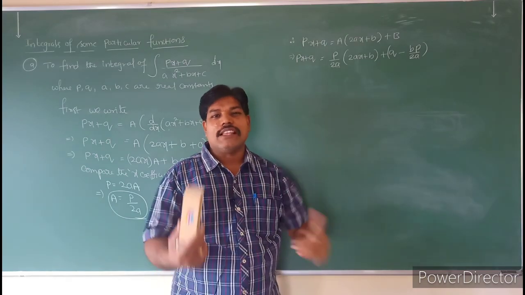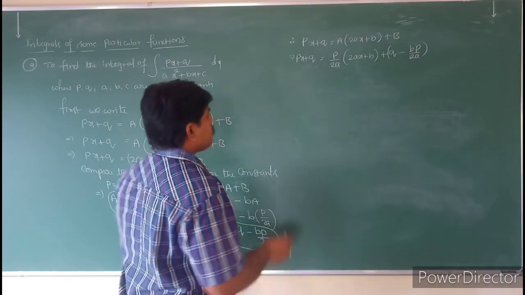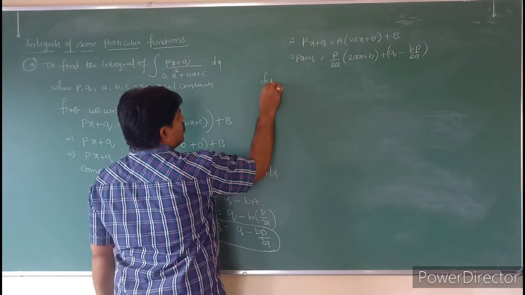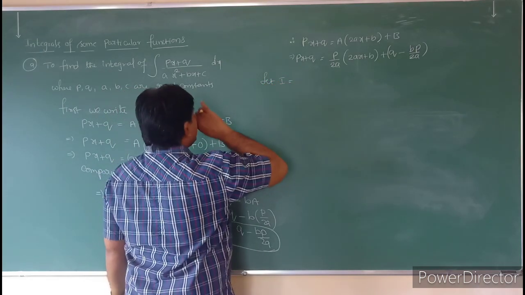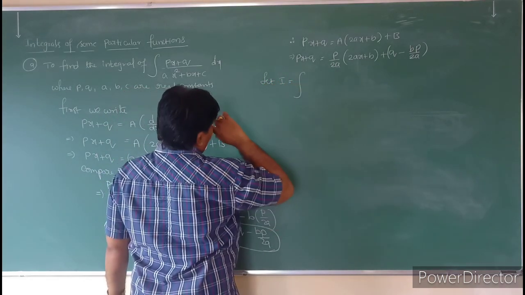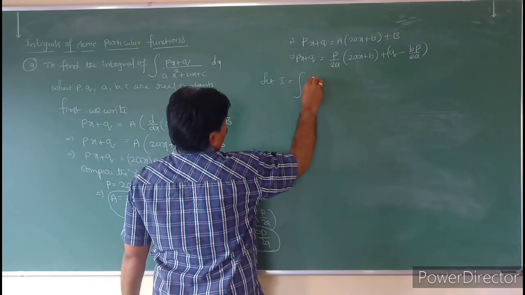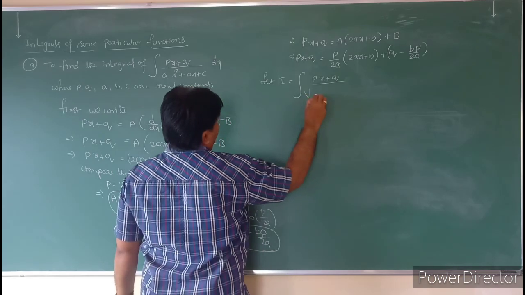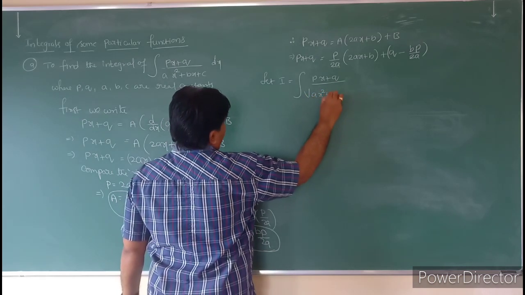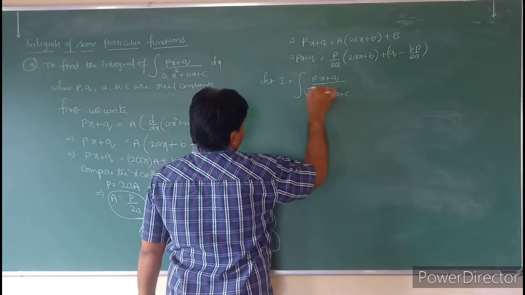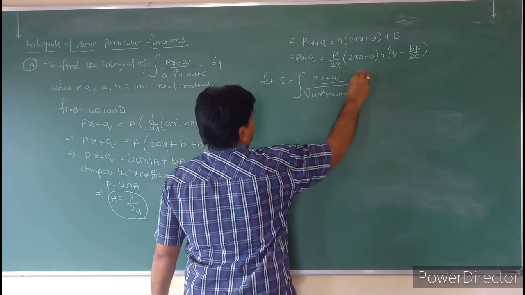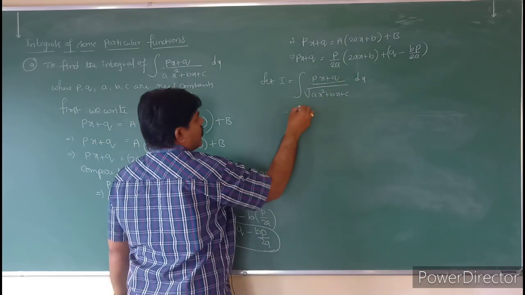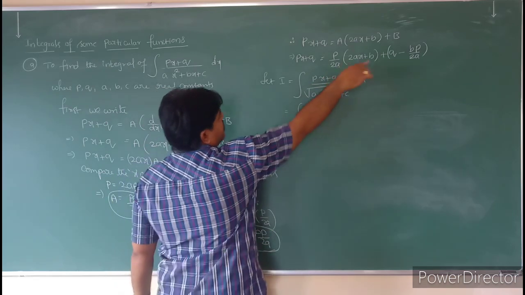Sir, why have you written it in this form? See this one. Let I be equal to, what is the I value? I value is nothing but integral of px plus q by ax square plus bx plus c into dx. So this problem is converted, px plus q is this value.